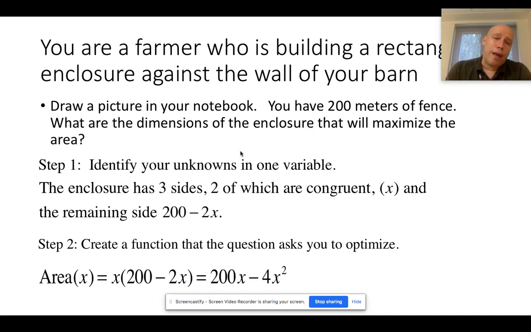Well, the area is length times width, so it's x times 200 minus 2x, which is 200x minus 4x squared. Did I make a mistake? Yes, I did. That's supposed to be a 2. So you'll follow through with me. I apologize because I'm not redoing this. It's 200x minus 2x squared.